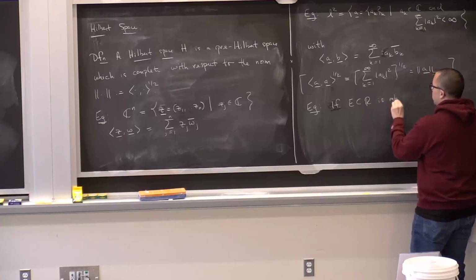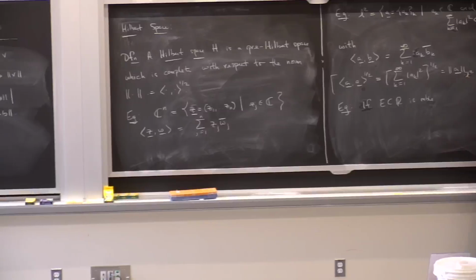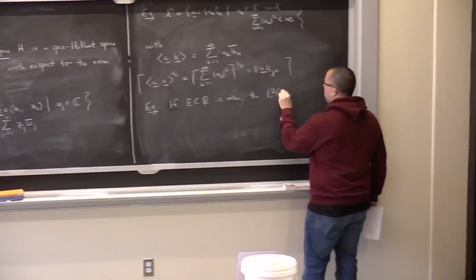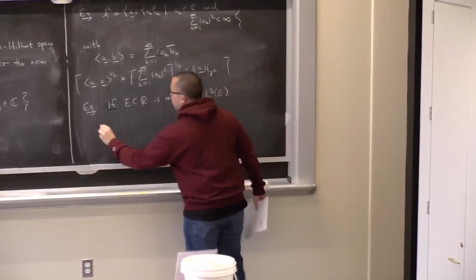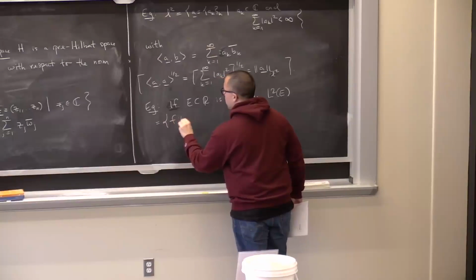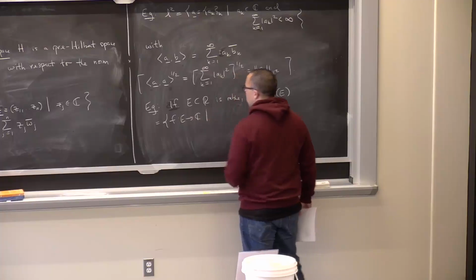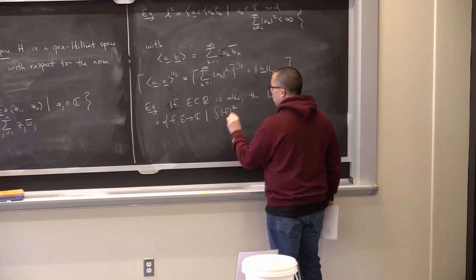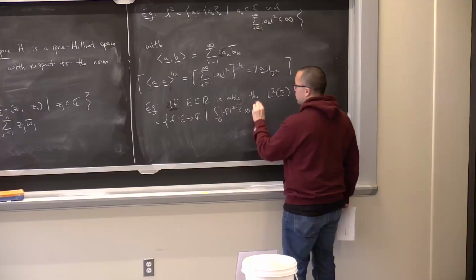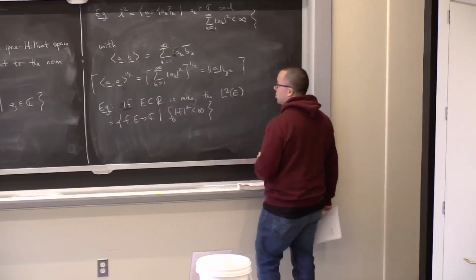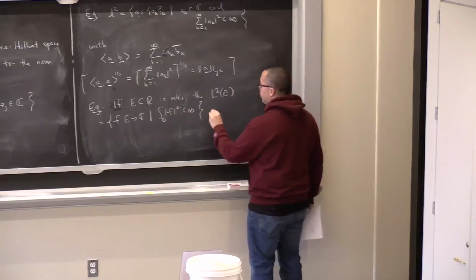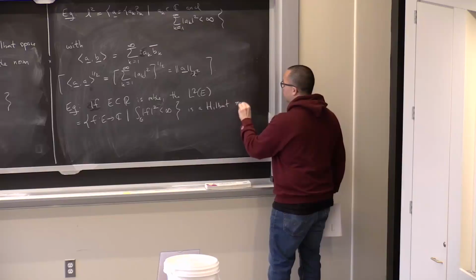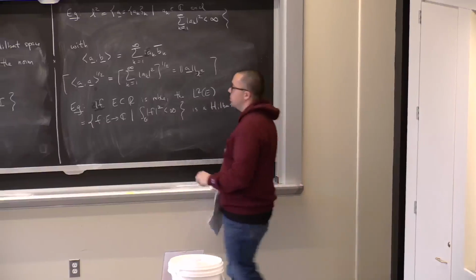If E is a measurable subset of R, L2 of E, the big L2 of E, which, remember, was the space of measurable functions f from E to C such that the integral over E of |f| squared is finite, this is also a Hilbert space. What's the inner product?